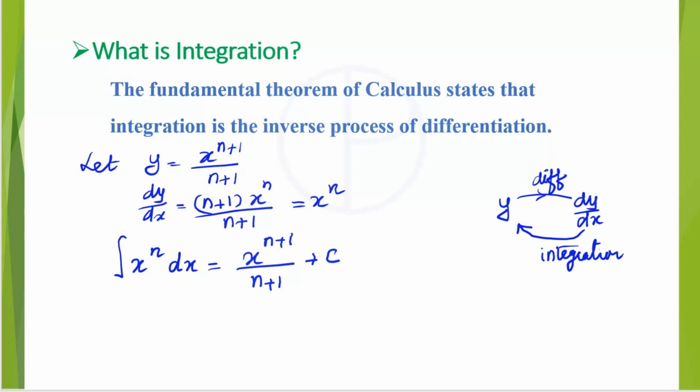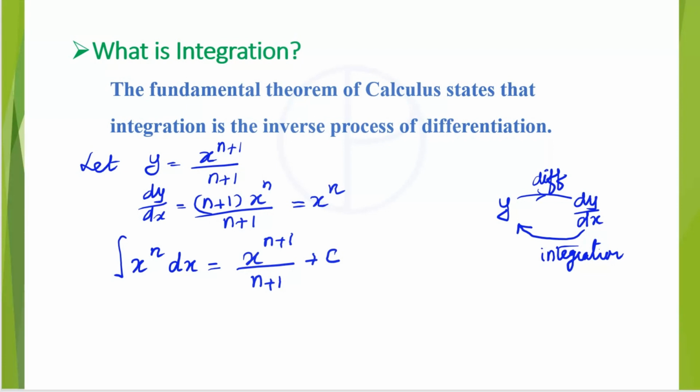Integral x^n dx is called the indefinite integral of x^n with respect to x. Why are we calling it an indefinite integral? Because it has infinitely many solutions.